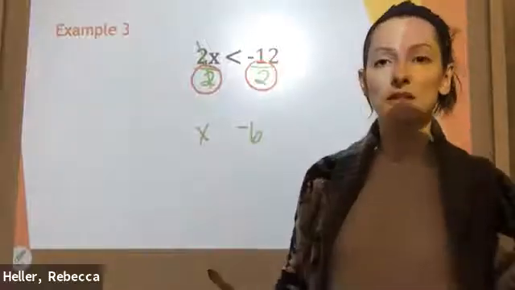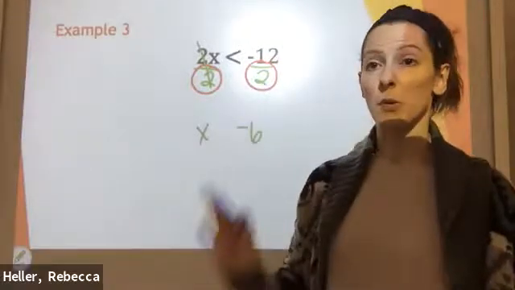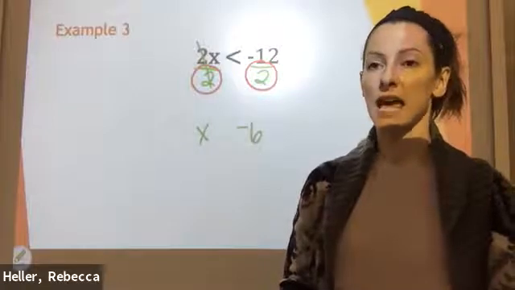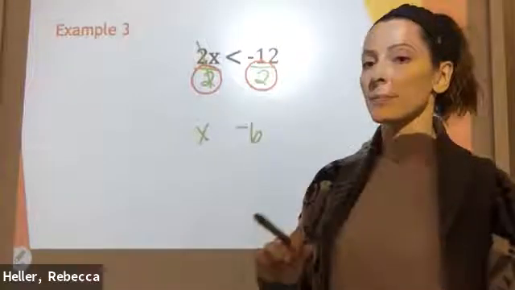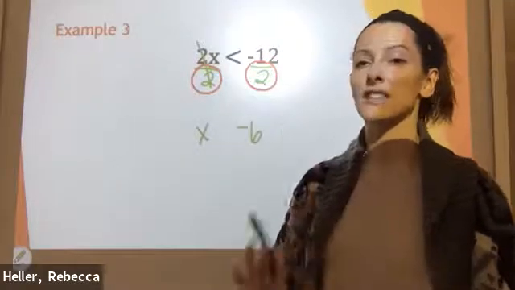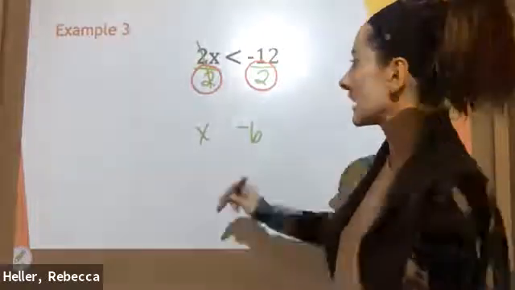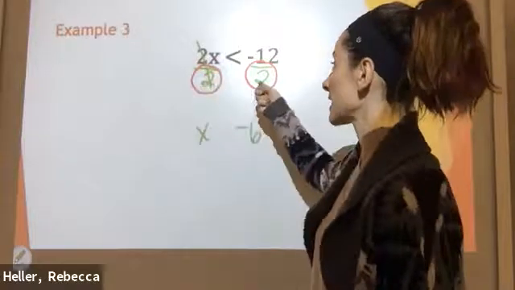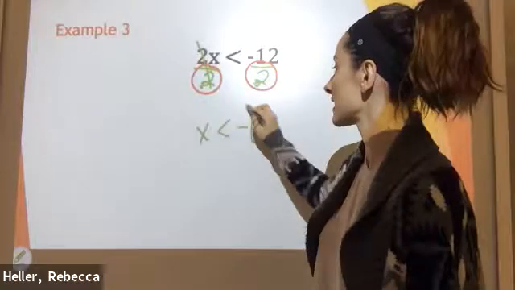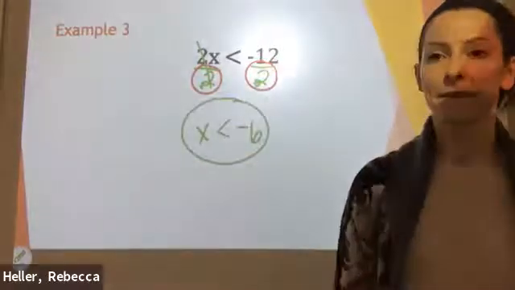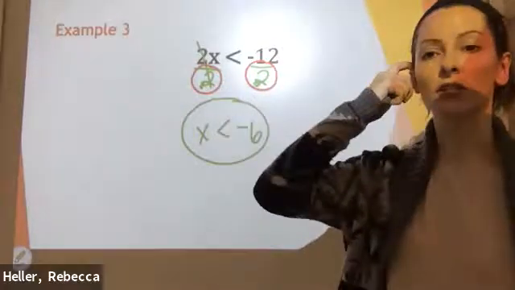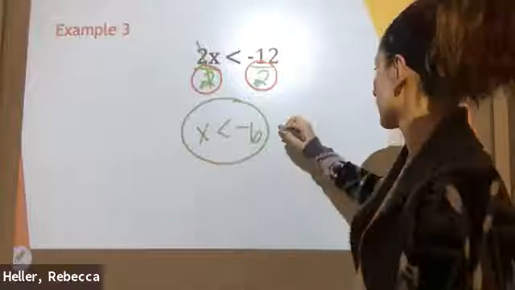It has nothing to do with whether your answer is positive or negative. Okay, let me say that again. Whether or not you flip the inequality sign has nothing to do with whether your answer is positive or negative. It is if this number is negative. Okay, since this number is positive, it stays the same. So nothing changes. We divided both sides by positive 2, so nothing changes.